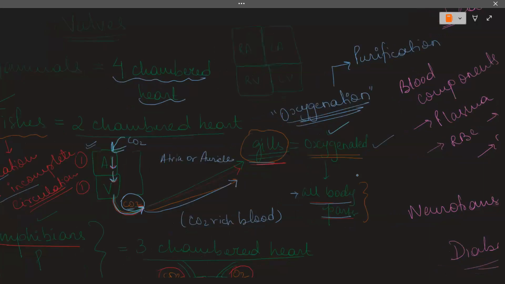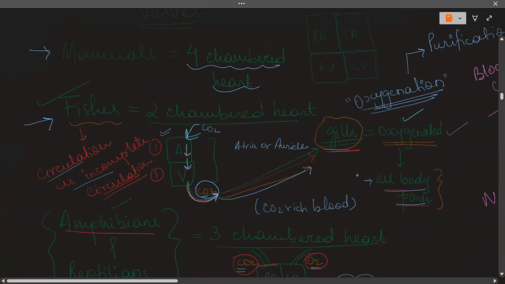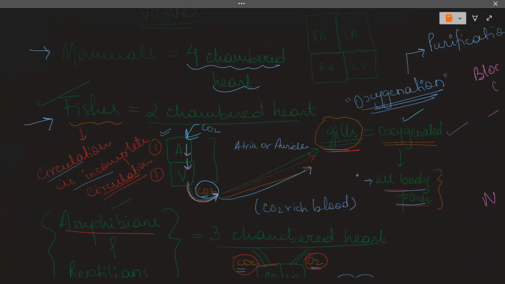Done, everyone? Yes, ma'am. Okay, then you write down the circulation in fishes. The circulation in fishes is known as incomplete circulation.